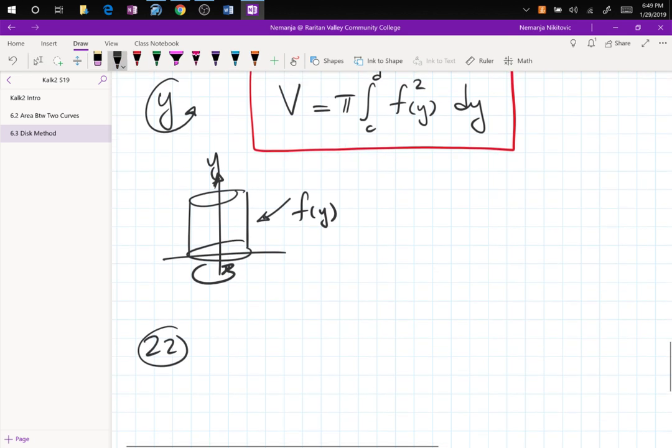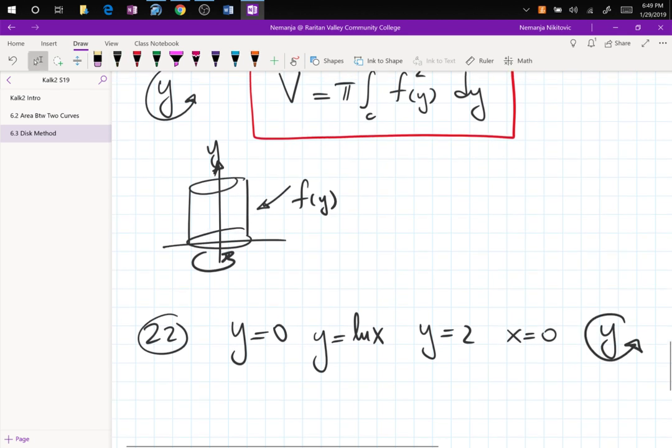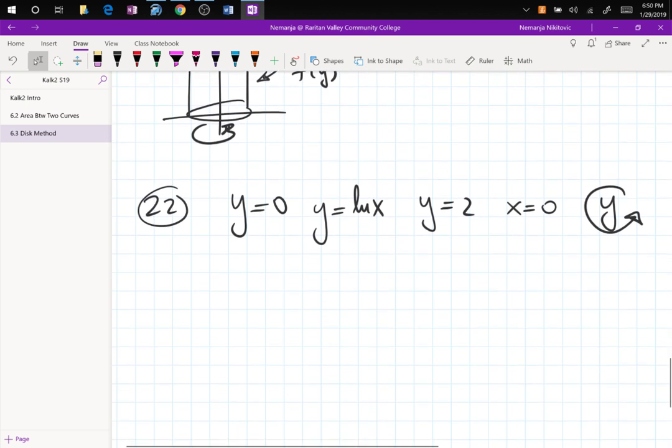It says y equals 0, y equals ln x, y equals 2, x equals 0, and y rotation. The first order of business is to graph all of these functions and see what shape it takes.